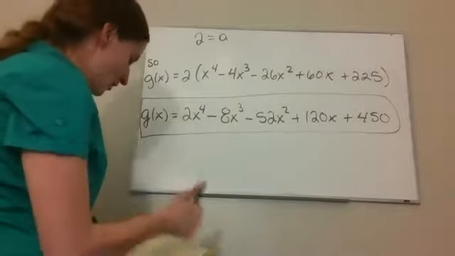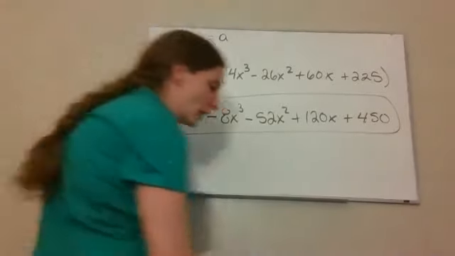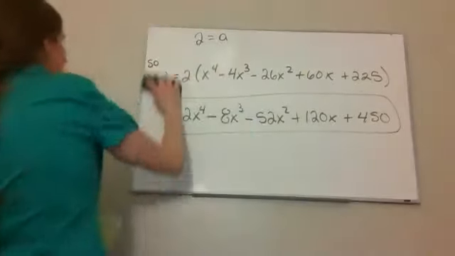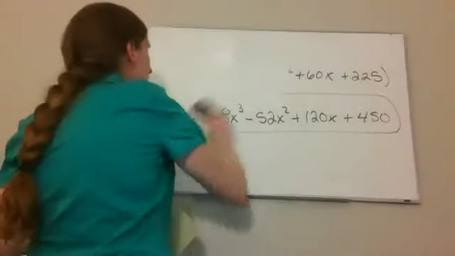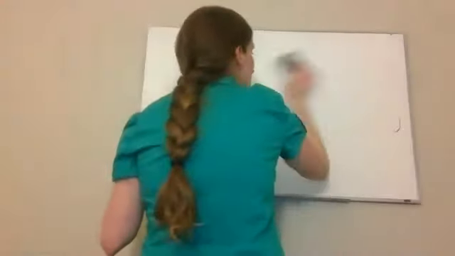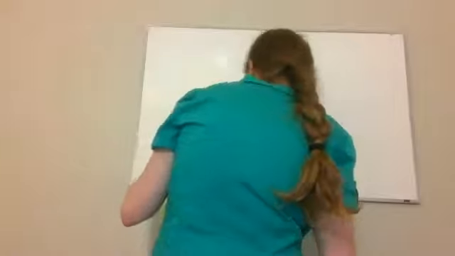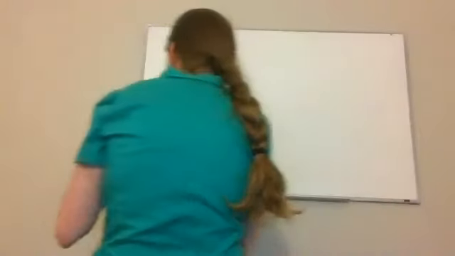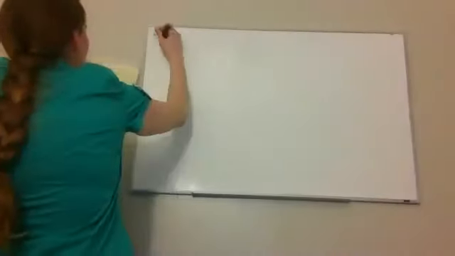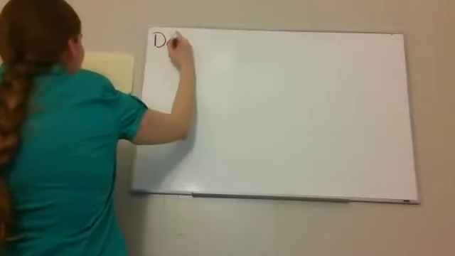So to finish this video up, we just have 2 more things to learn and an example of each. So first we're going to learn about Descartes' rule of signs.